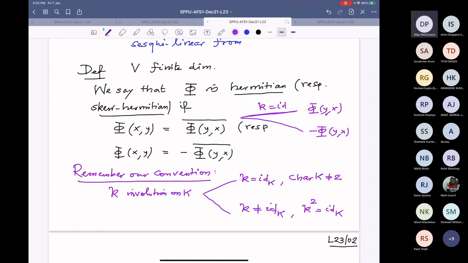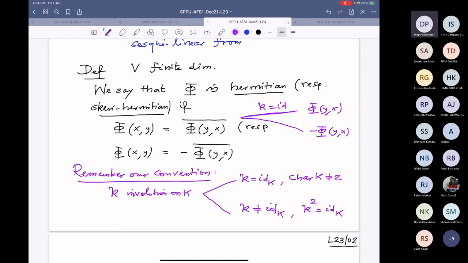That is the standard definition you learn. Okay, now if kappa is not identity, then it is this conjugate condition, real conjugate. So when I have written it like this, Hermitian means symmetric and skew Hermitian means skew symmetric.